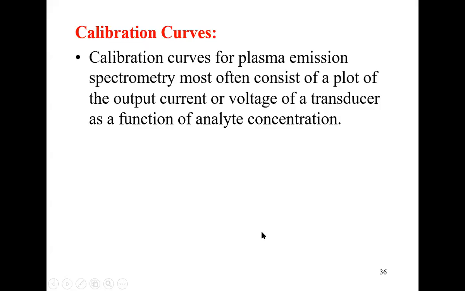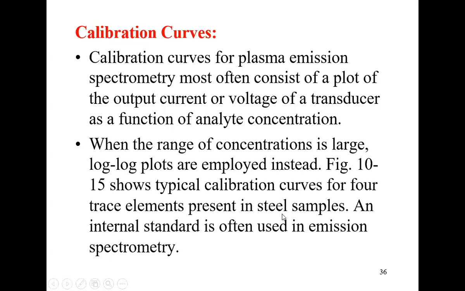The dynamic range is greater than for AA. So normally what we do is plot a log function. When the range of the concentration is large, log plots are employed instead. So you use log plots usually because of the greater dynamic range.